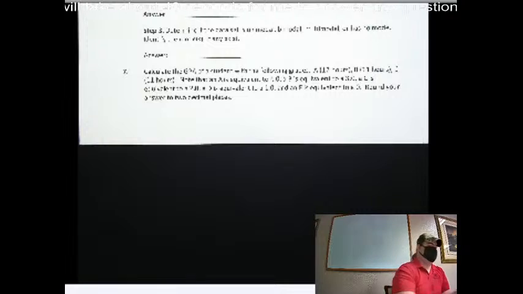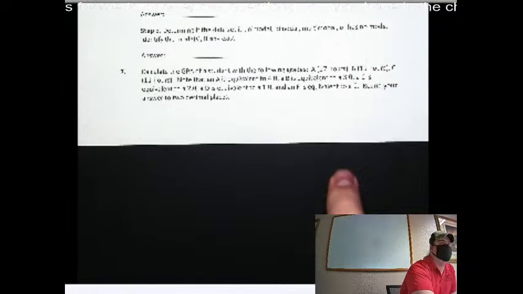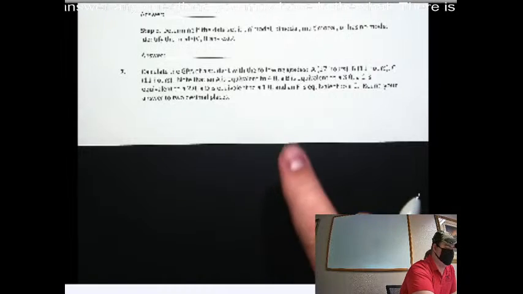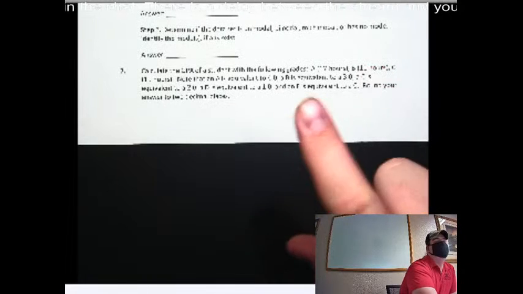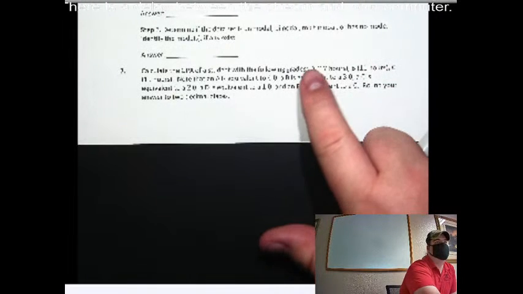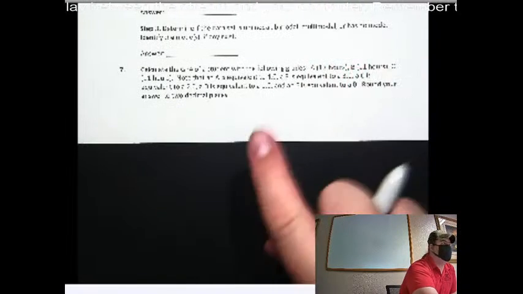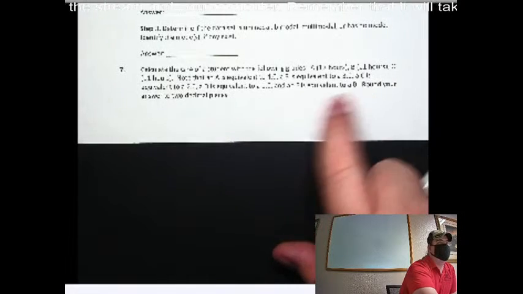So, this is a weighted mean. We need to multiply our weight by our value. Okay? I'm glad you asked that. So, first things first, A, B, and C need to be converted into values.